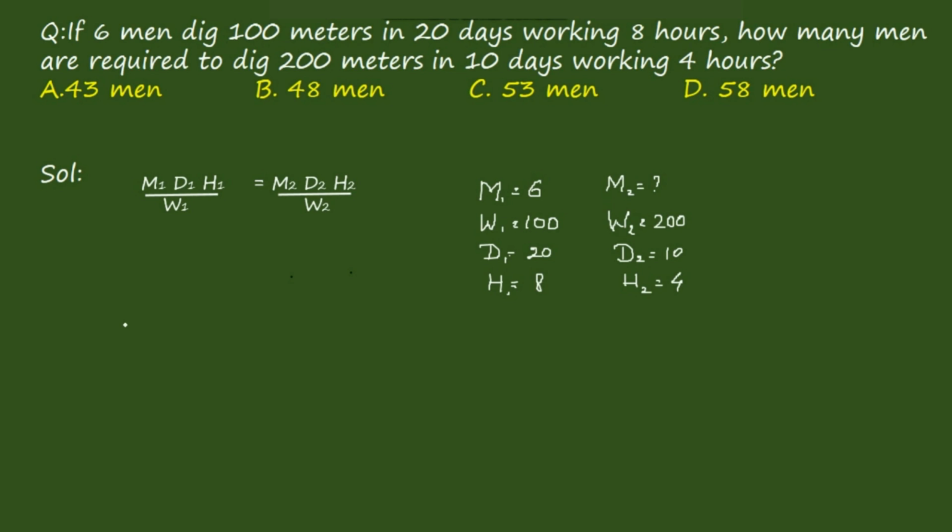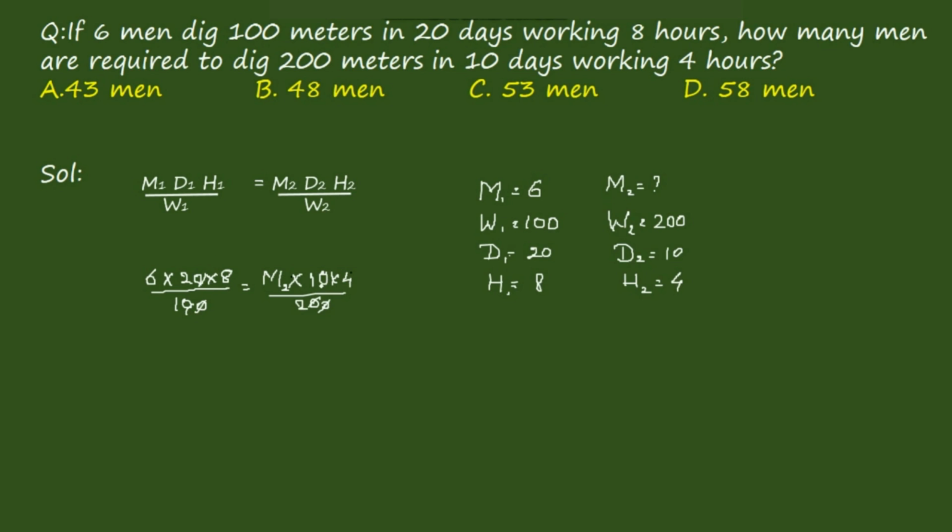Just substituting the values here, it is 6 into 20 into 8 by 100 is equal to M2 into 10 into 4 by 200.